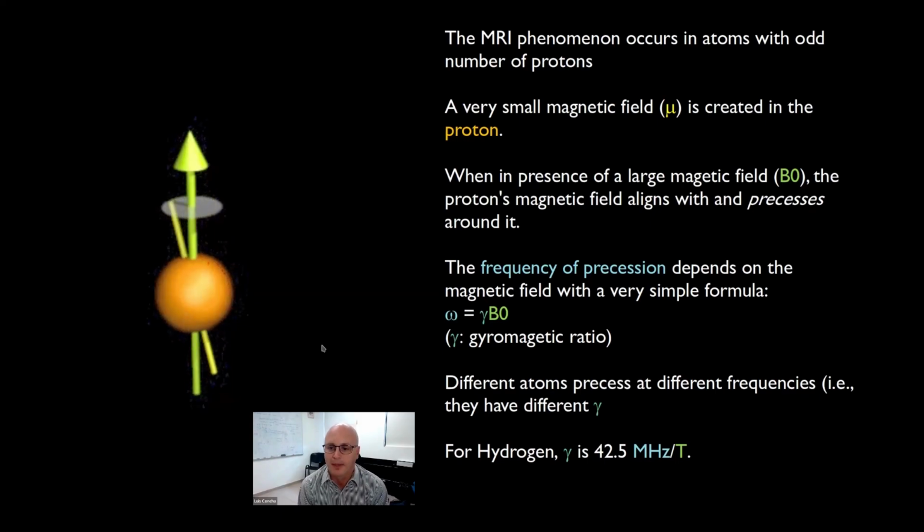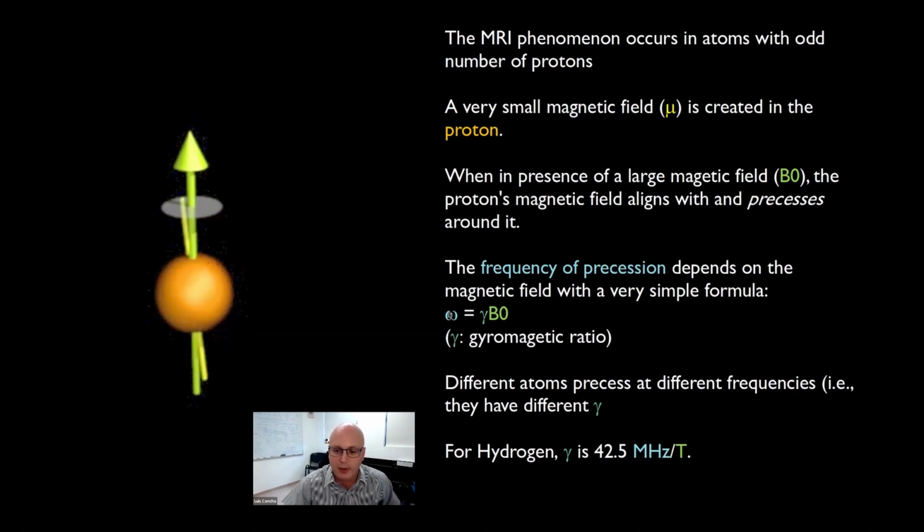And the frequency of this precession, that we're going to be calling omega, is relative to the magnetic field B0, and a constant that depends on each atom that has the property of MR precession, that we're going to be calling gyromagnetic ratio, or gamma.